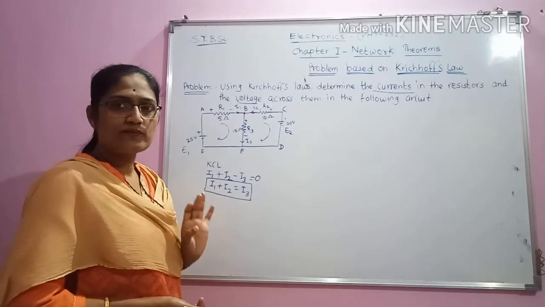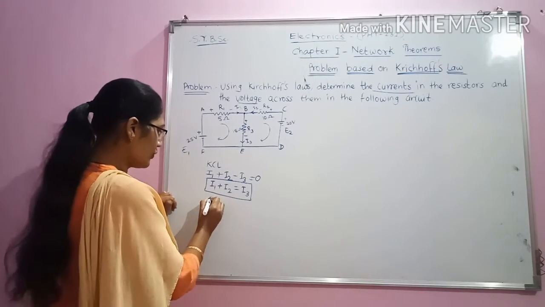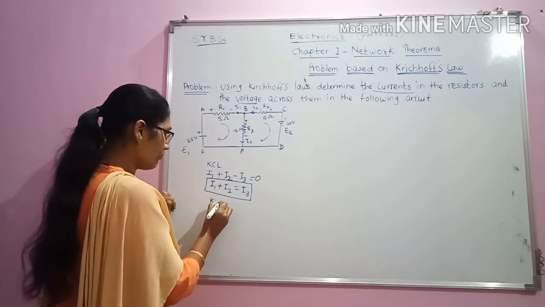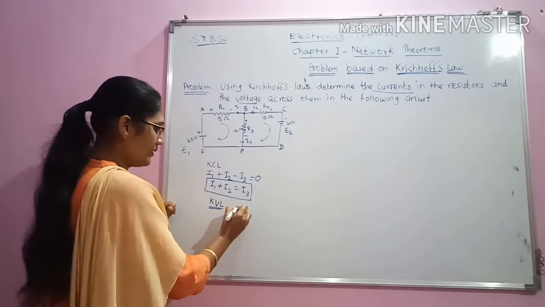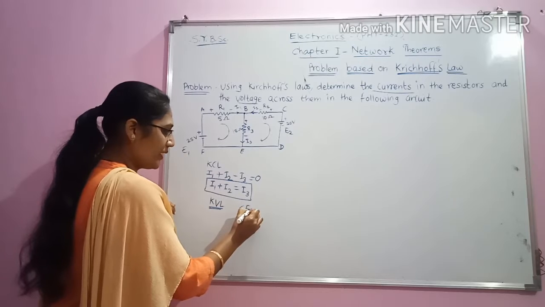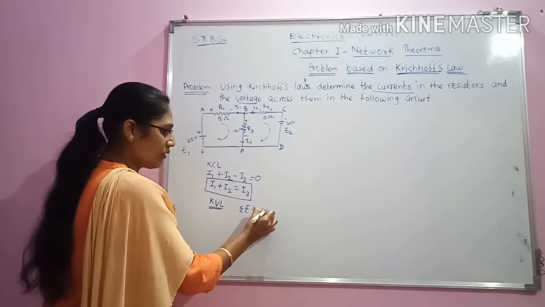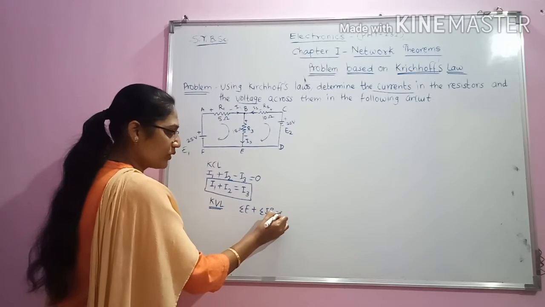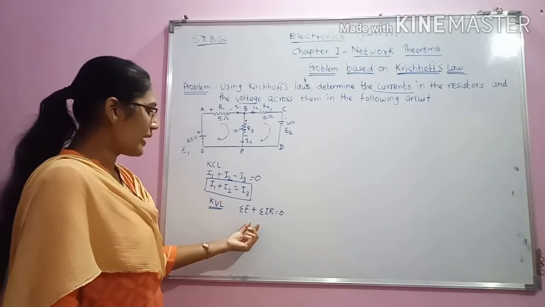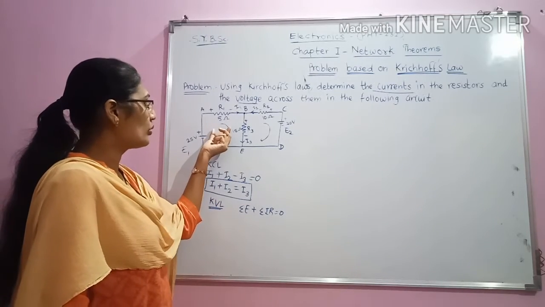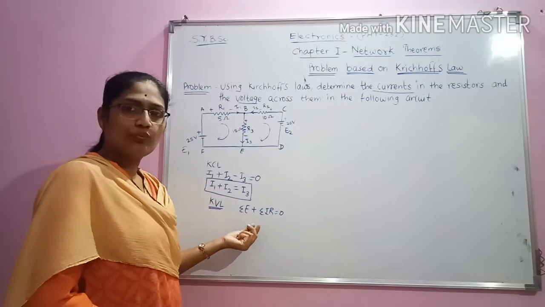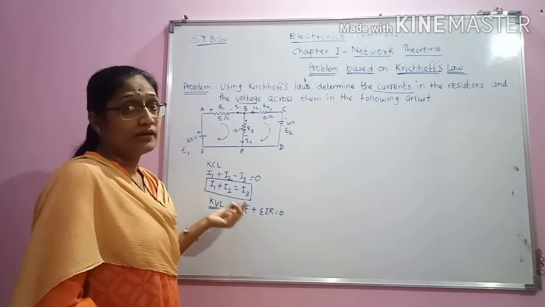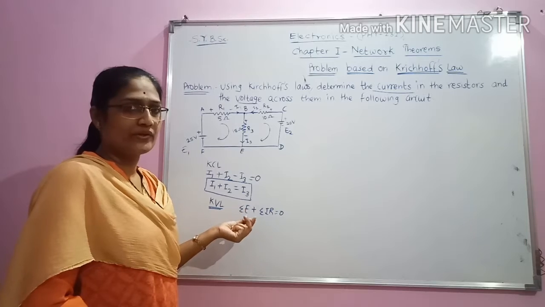That is Kirchhoff's voltage law: the summation of E plus the summation of IR is equal to 0. We will apply this law to this loop and this loop. Again, we have to recall the sign conventions.